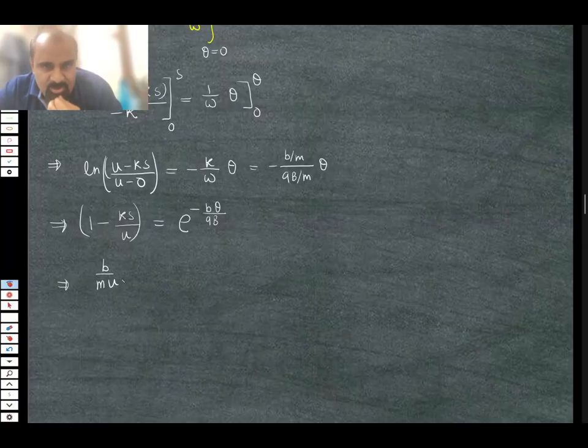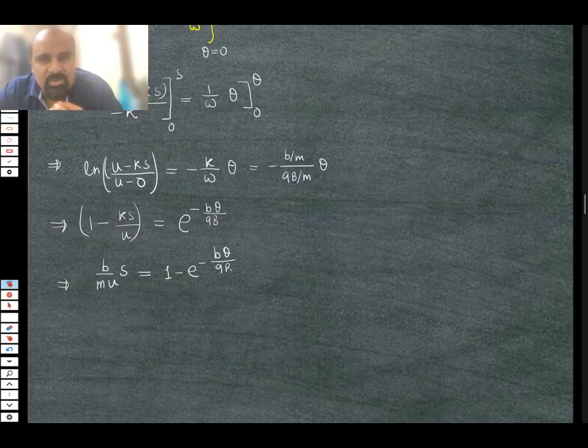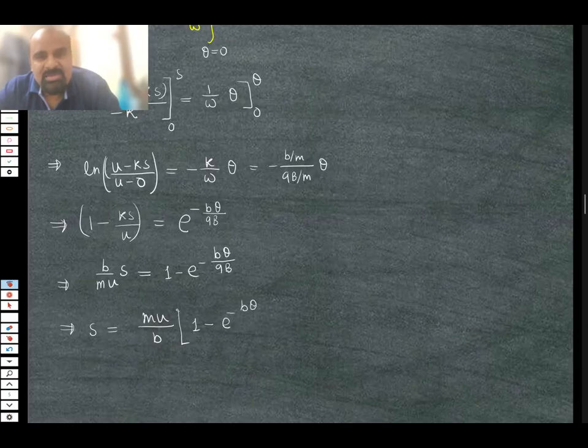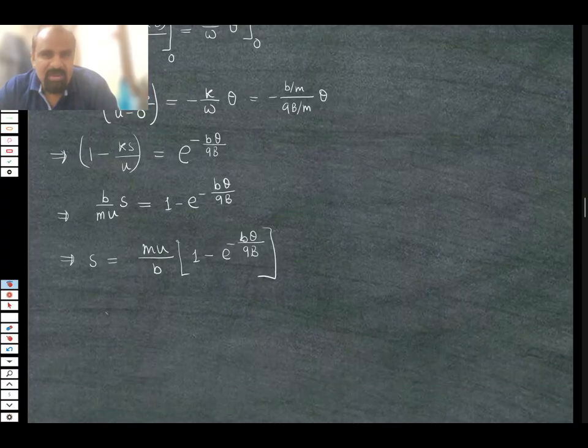So b by m u s is equal to 1 minus e to the power minus b theta by qb. So finally you get s as mu by b, and then 1 minus e to the power minus b theta by qb.